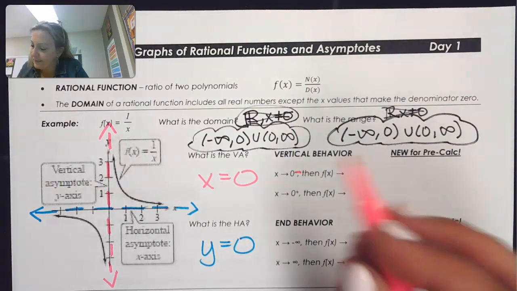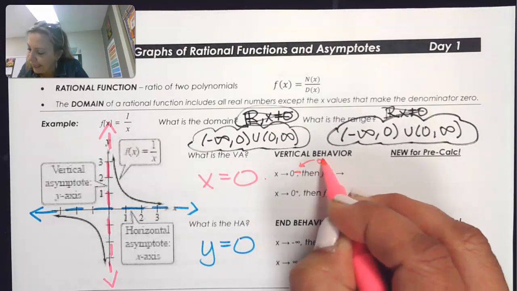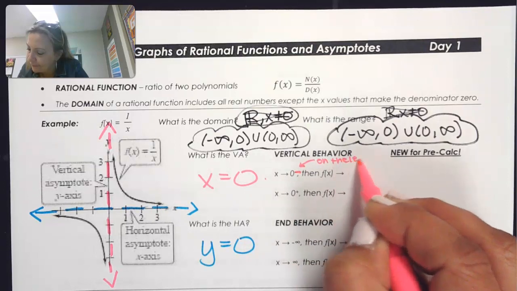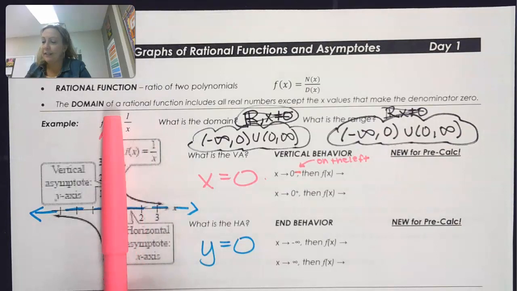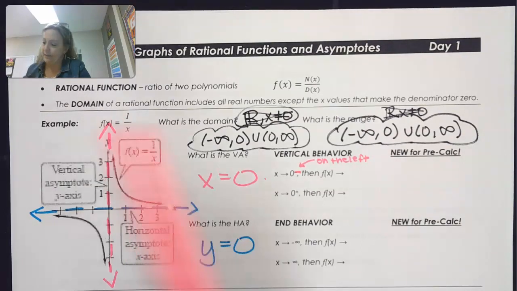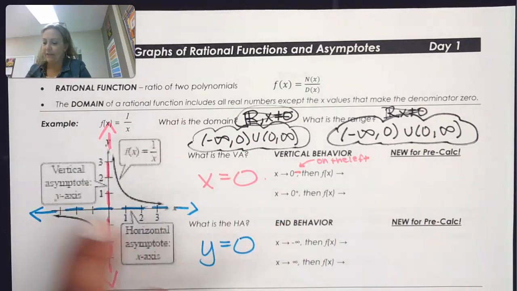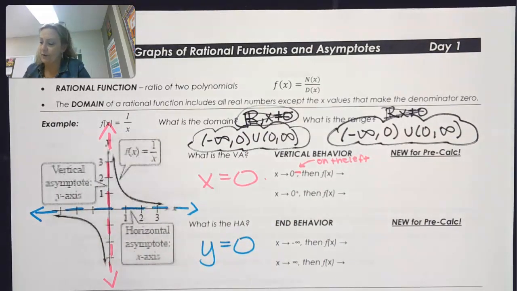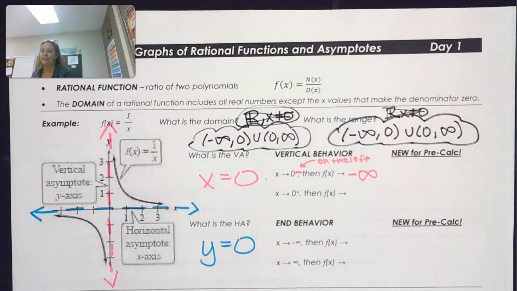This little negative sign really means on the left. So if we look to the left of the asymptote, what is the function doing? Well, to the left of the asymptote, the function's going down. So we're going to say that f(x) approaches negative infinity.